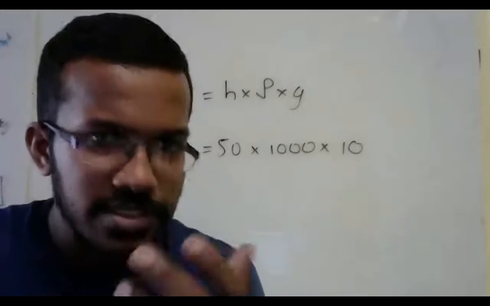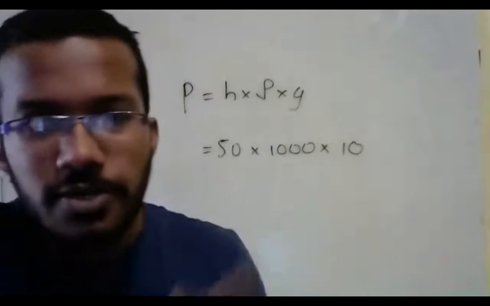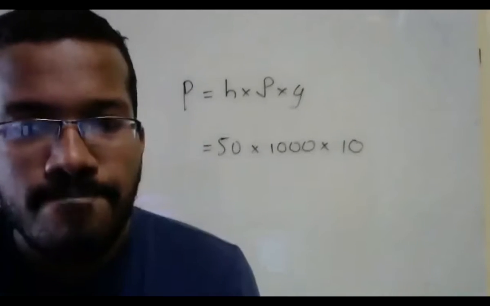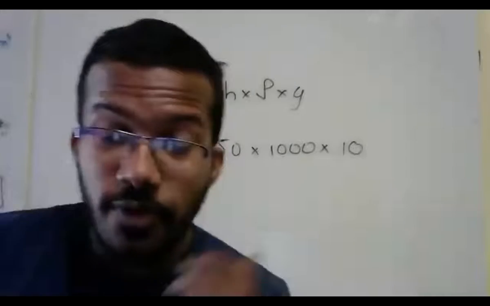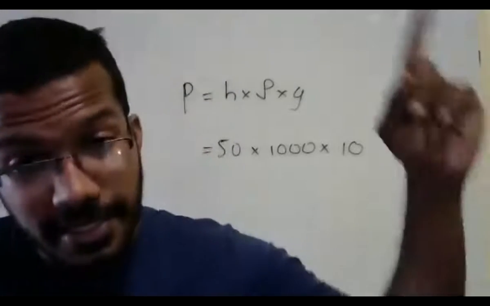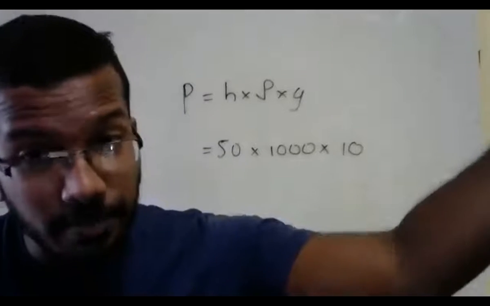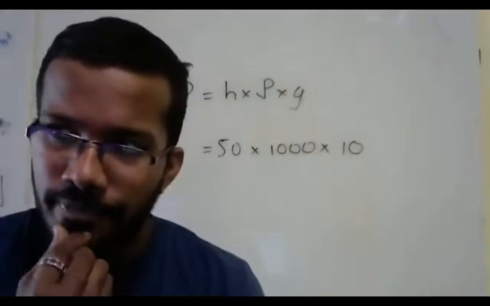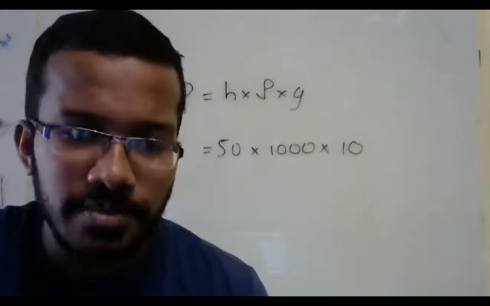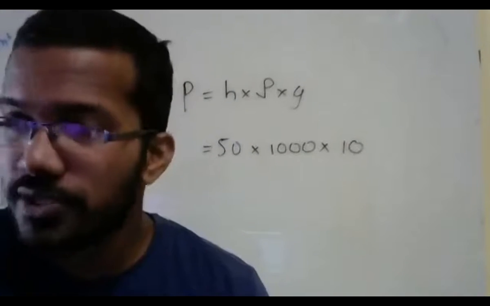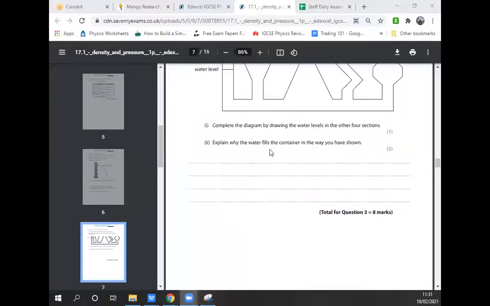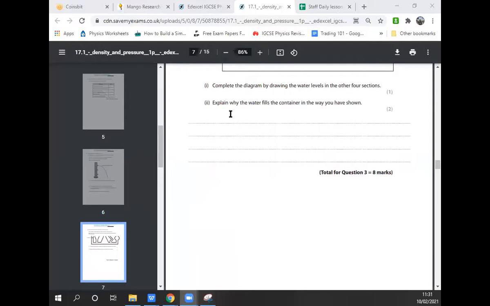If there's a difference in pressure, what happens to the liquid, guys? When you open the tap, why does the water come out? Because the pressure in the tank of the water company is higher than the pressure at the outlet of the tap, right? So when there's pressure difference, there's a flow. You should know this from other subjects also, like geography, because when there's a pressure difference, that's what causes wind and all.